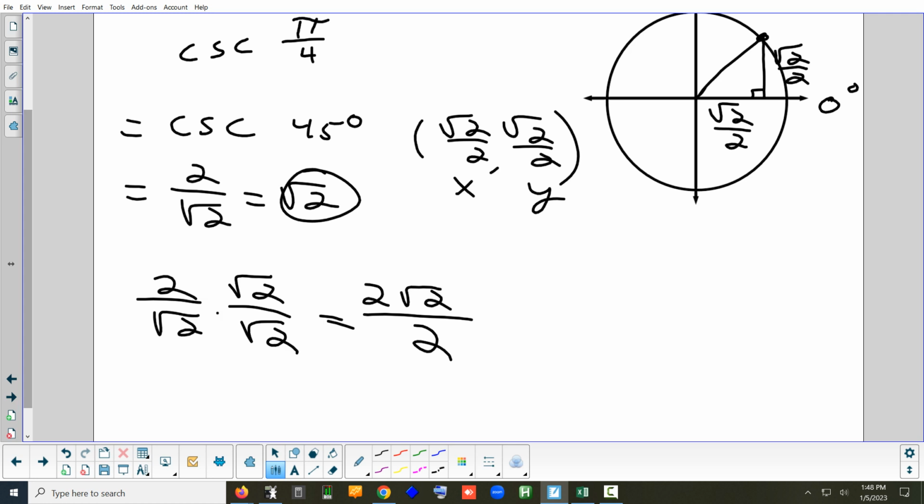But the square root of 4 is just 2. And then your 2's cancel out. So you're just left with square root of 2. Don't cancel the 2 under the root. You can't do that. But you can cancel the 2's that are outside the root.